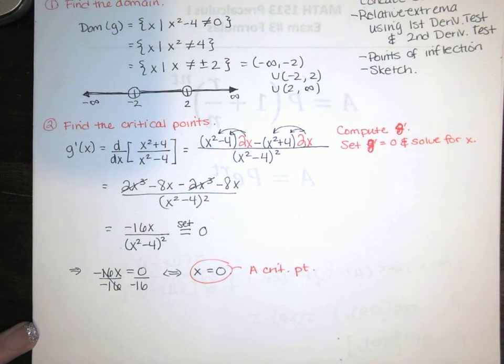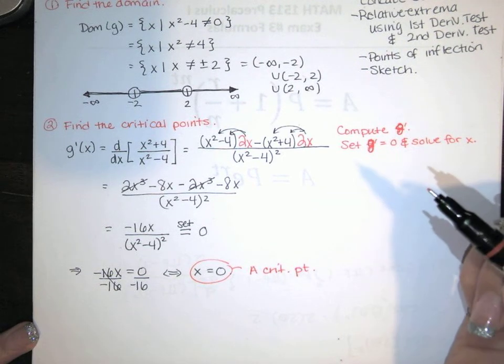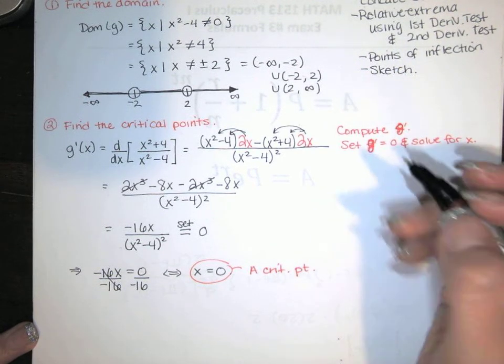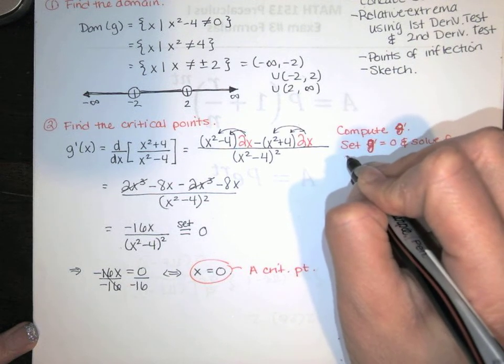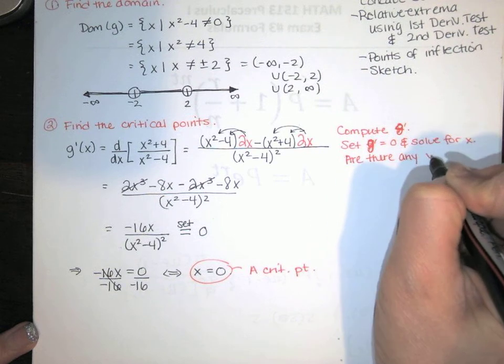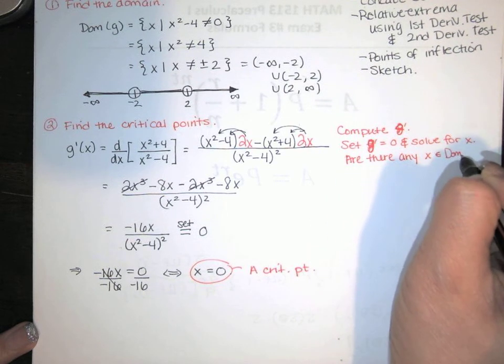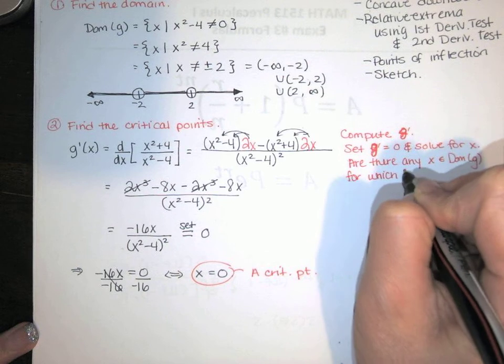Now, other critical points can come from x values in the domain for which the derivative is undefined. So you have to ask yourself, are there any x in the domain of g for which g prime is undefined?